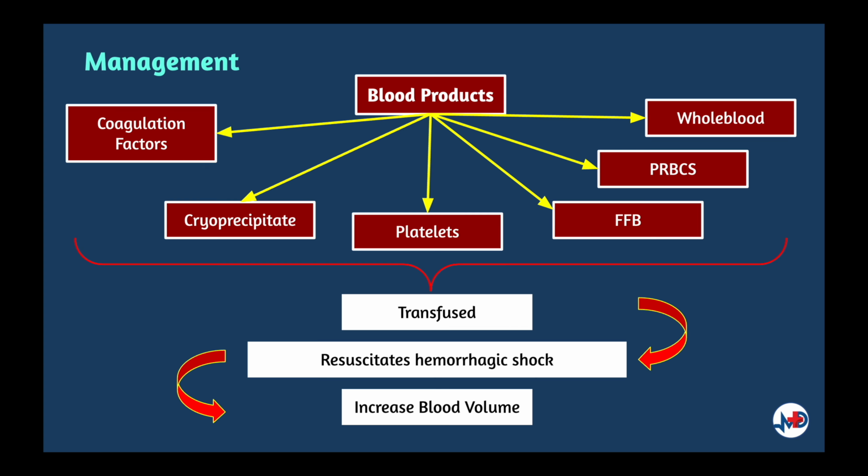In virtually all other settings, blood products are given as individual components of whole blood units such as packed red blood cells, fresh frozen plasma, platelets, cryoprecipitate, and concentrated coagulation factors. This includes ongoing resuscitation of hemorrhagic shock, when packed red blood cells can be transfused to increase oxygen carrying capacity in concert with crystalloid solutions to increase the blood volume.